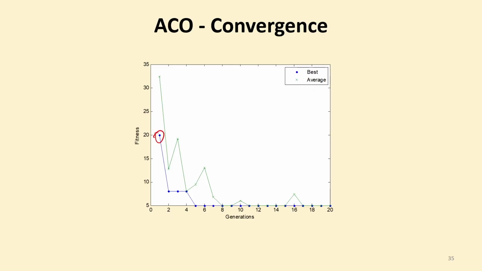If you observe, the pheromone updations were effective in ant position updation as well as ant path updation. Initially the fitness value is 20, and since it is a minimization, over a period of time it converged and there is no improvement. This is what the ant colony optimization algorithm is all about.